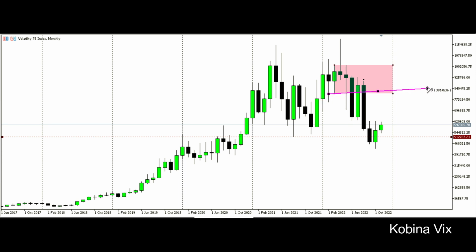So here we can have the wick as our point of entry, or we can have the body, or the middle of the candle, as our point of entry. So these are the various points of entry on an order block. If you want to execute a trade on an order block, these are the various points to execute a trade.